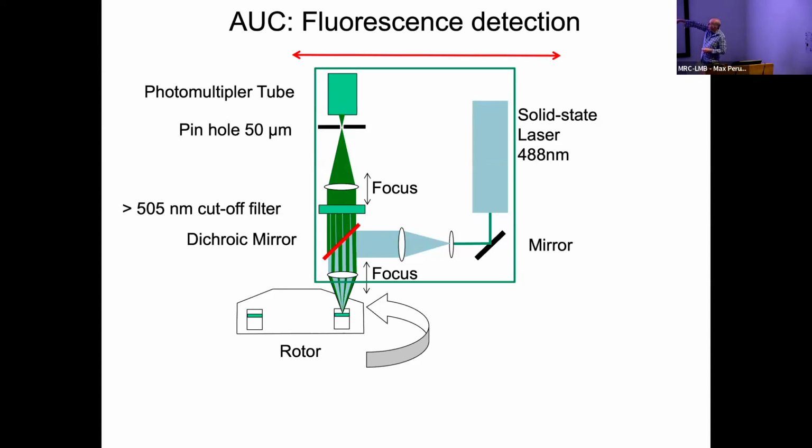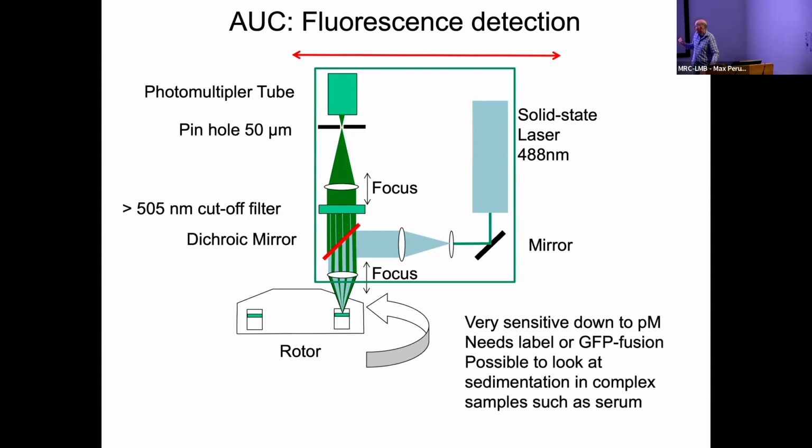Any fluorescence then comes up, goes through the dichroic mirror because it's got a longer wavelength, and is focused through a pinhole to a photomultiplier tube. So it's a really small point, and this then scans again as you spin. It's very, very sensitive, but of course you need a label. A good thing is that you can look at complex samples if you just have one component labeled.